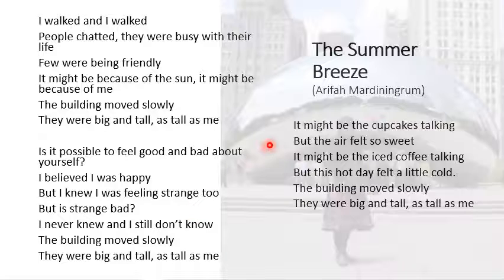I gave the title "The Summer Breeze" because summer is something figurative. Summer indicates happiness and sunshine, and when everybody is vacationing, everybody is happy.